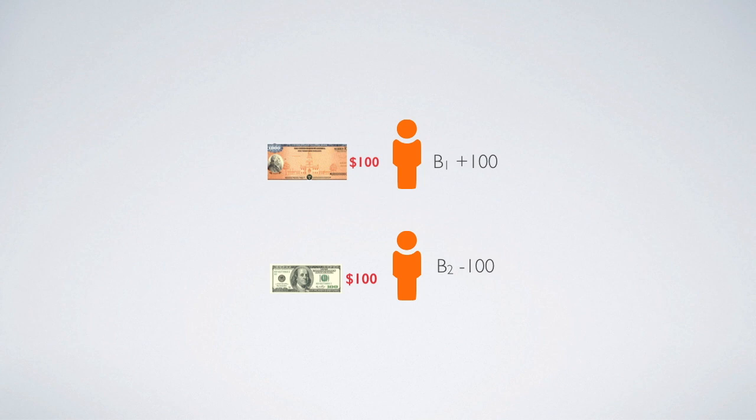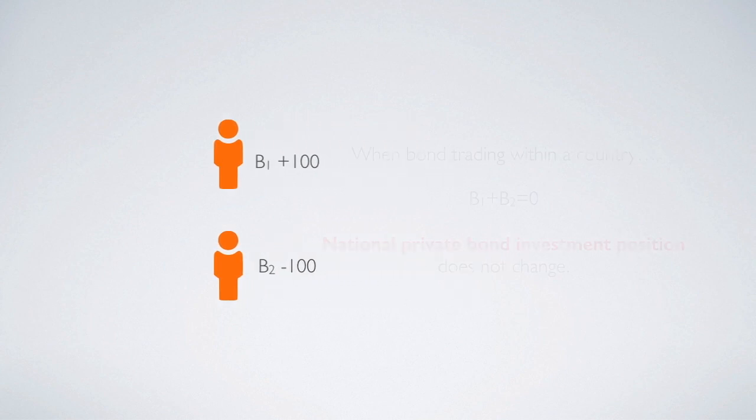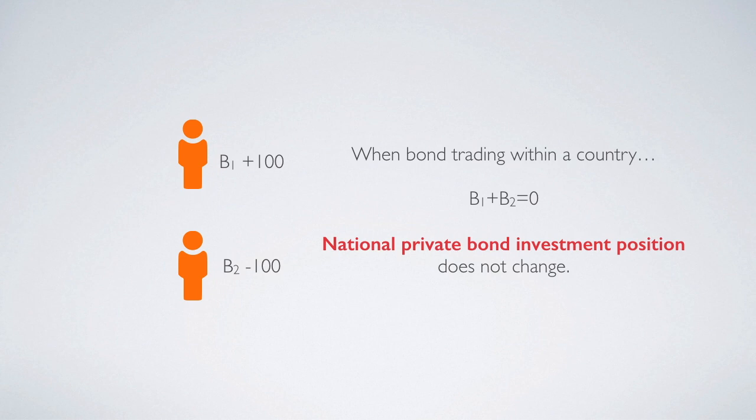When we sum them together, suppose this country only has these two persons, the total number will be called the national bond investment position. Here I put down private because I assume we are just talking about private bonds.